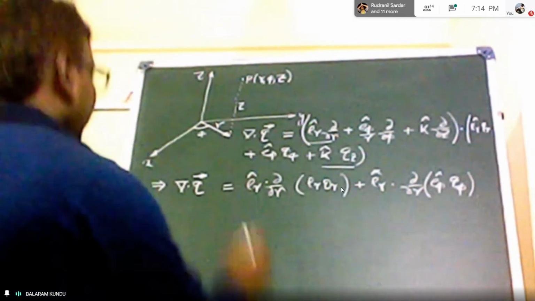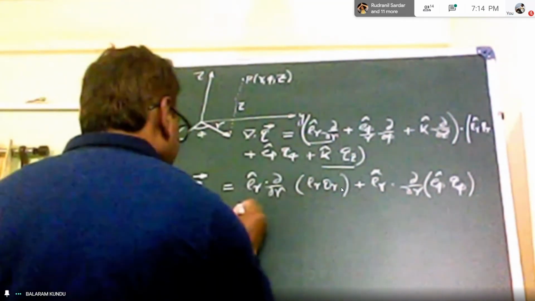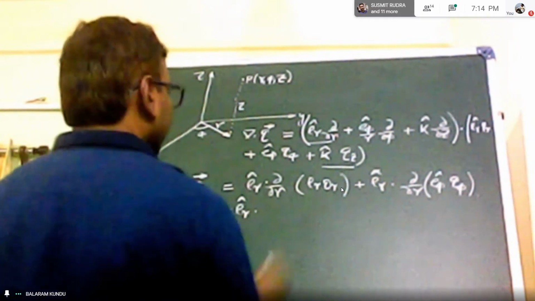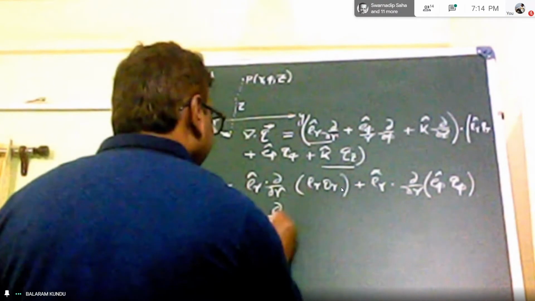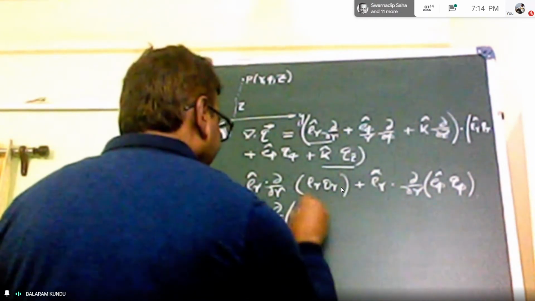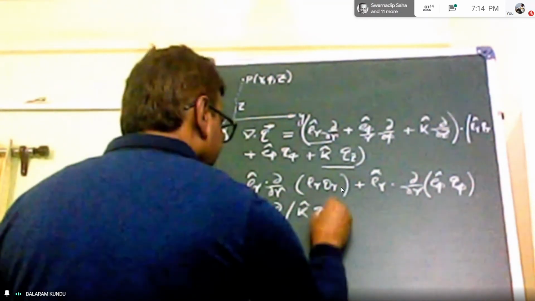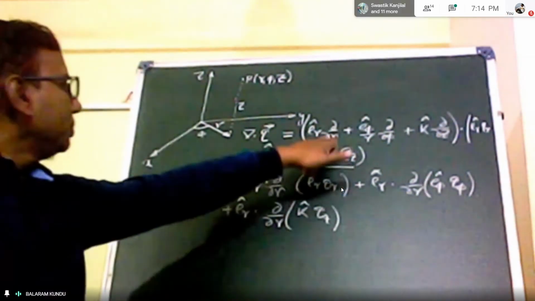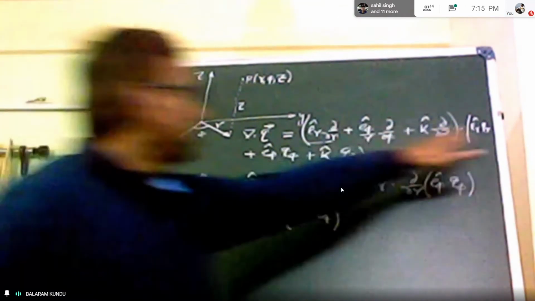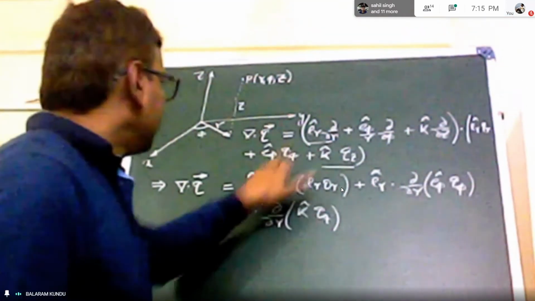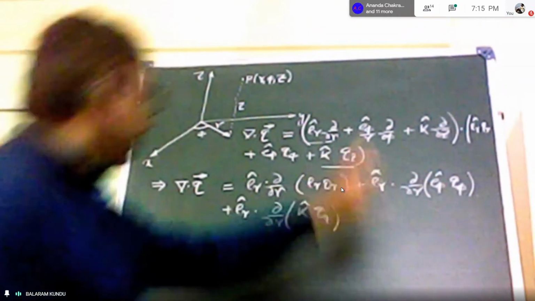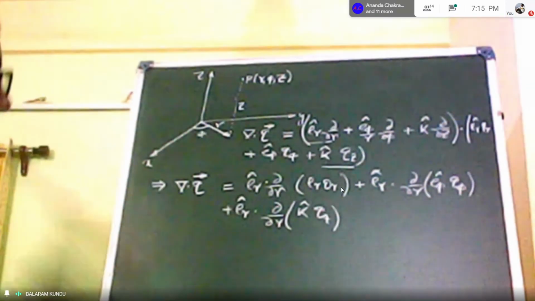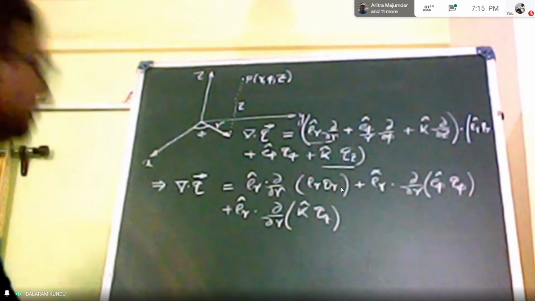So another term, say here we can write, e_r dot again del by del r of k, here u_z. Okay, so if we do the dot product, this term dot this term, this term dot this, what will happen here? Three terms have been obtained.